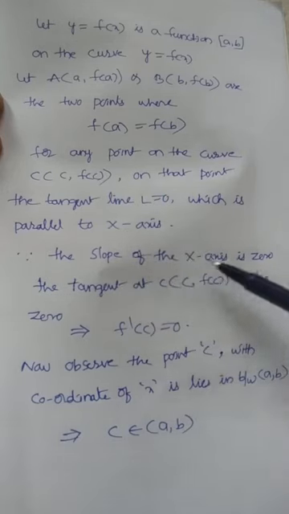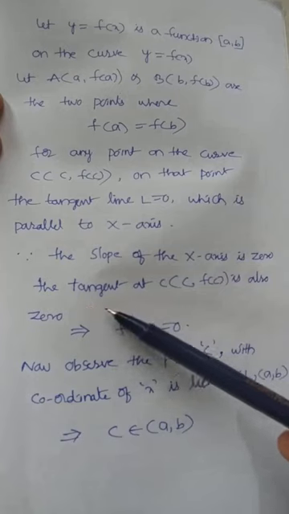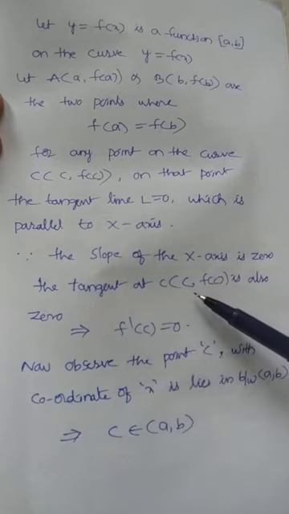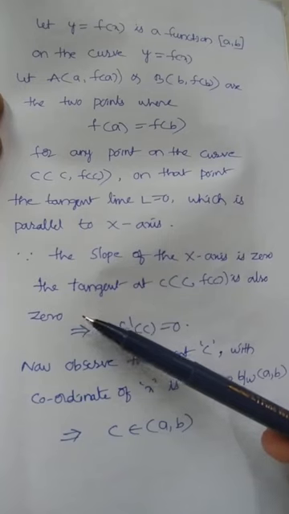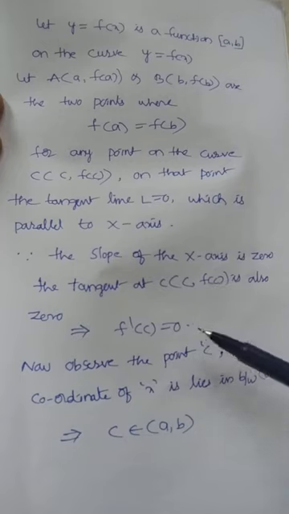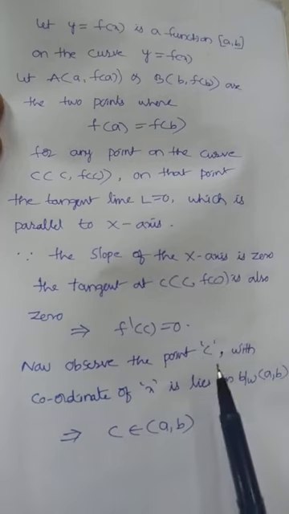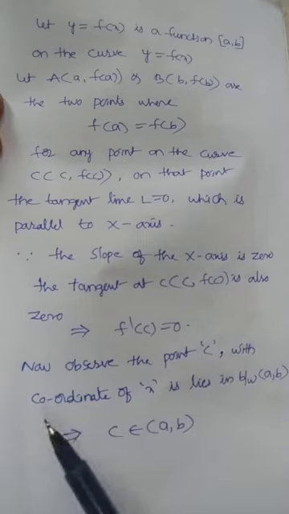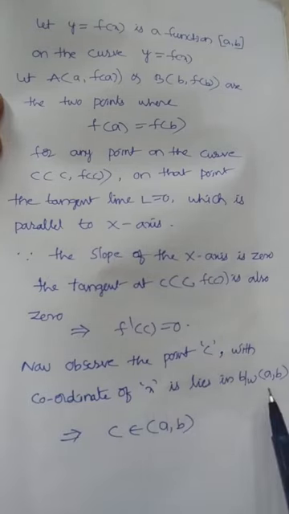Since the slope of the x-axis is 0, the slope of the tangent at the point C is also 0. So the derivative, f dash of c, must be 0. Now we have to look at the point C whose x-coordinate lies between a and b, so that c belongs to (a, b). This is the geometrical interpretation of Rolle's theorem.